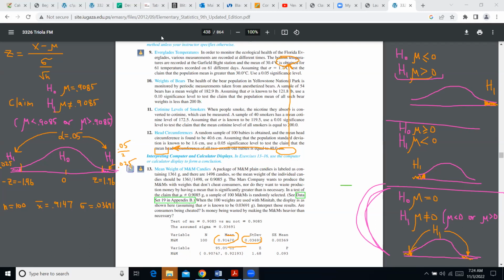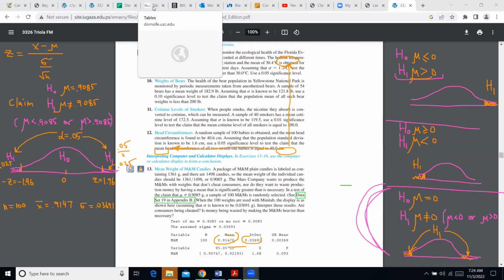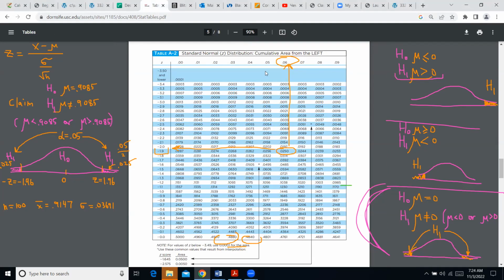Now, I need to return back to the tables. There was a question asking me why the 0.025 for the area. So notice this is the so-called area. See, that's area. Significance is area.